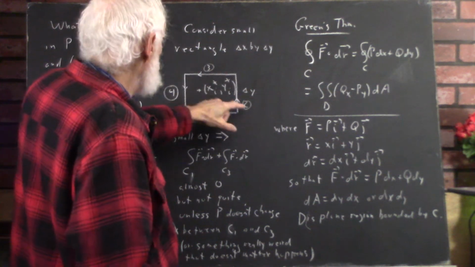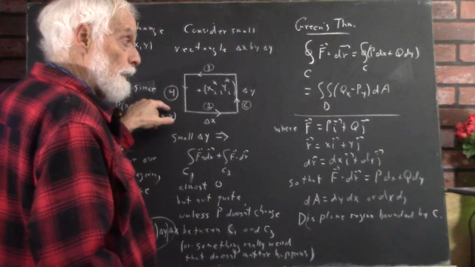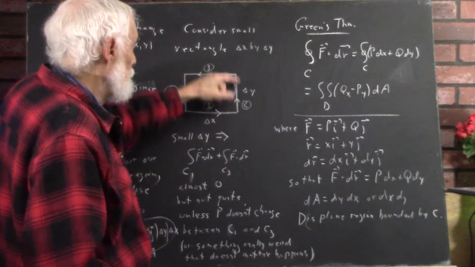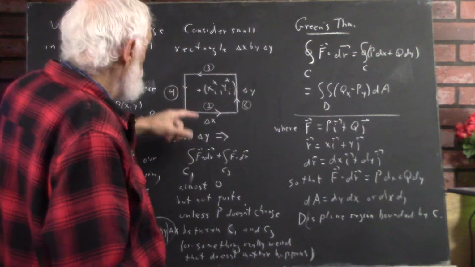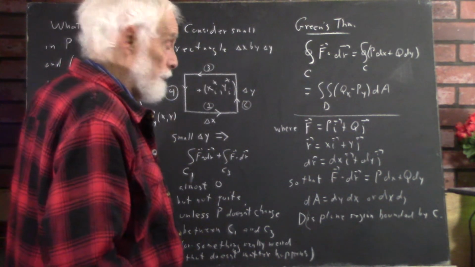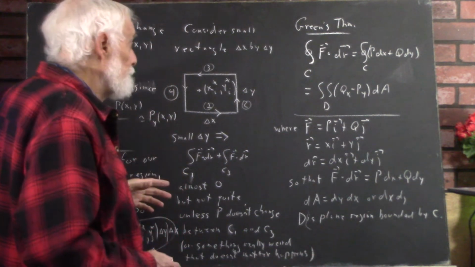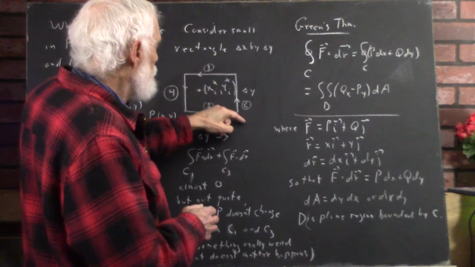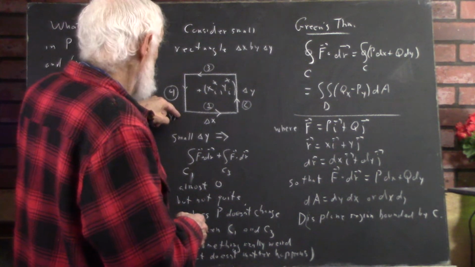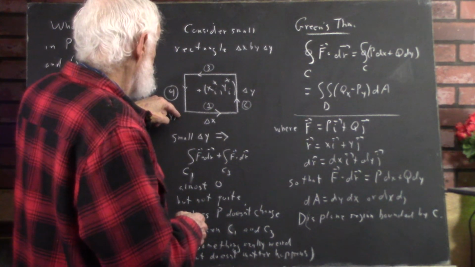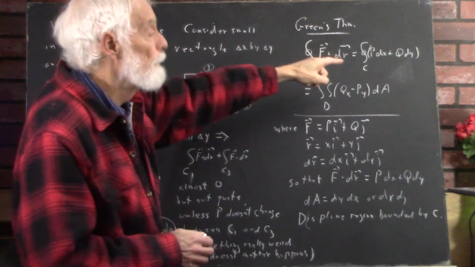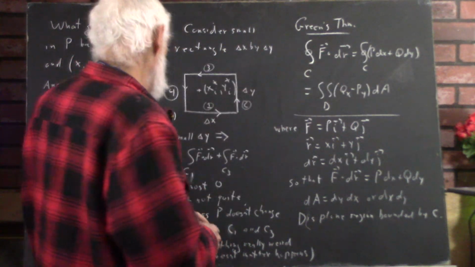X doesn't change on this path or this path, so P is irrelevant when we're on this part of the path, just as Q was irrelevant when we're on the C1 or the C3. Okay, so again, P is irrelevant over path 2 or path 4, just because we're integrating Q with respect to y.